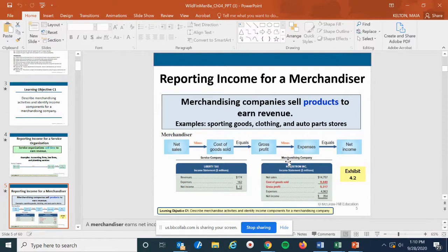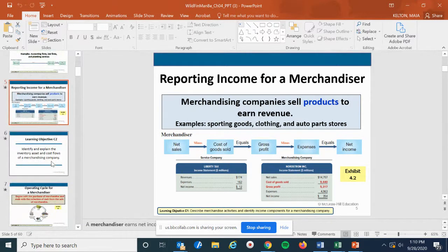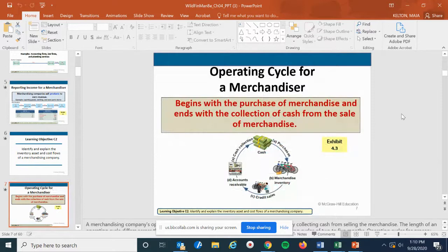The company Nordstrom is a merchandising company. They start with net sales, which is their gross sales minus any returns, discounts, and allowances that are related to sales. They subtract the cost of goods sold, show gross profit or what's left from revenues after covering cost of goods sold, and then eventually they calculate net income. So in order for a merchandiser, this is slide 7.